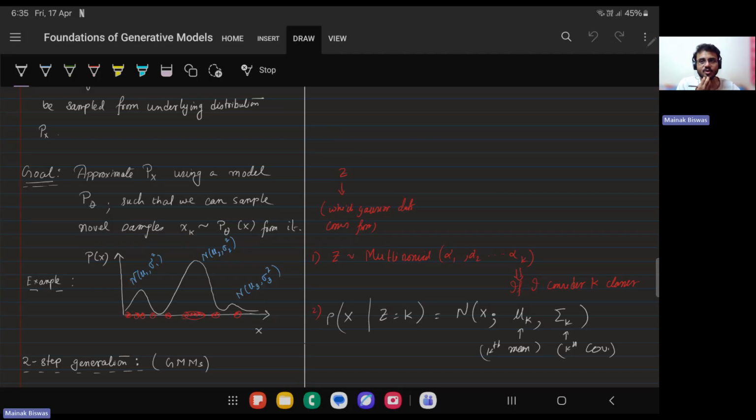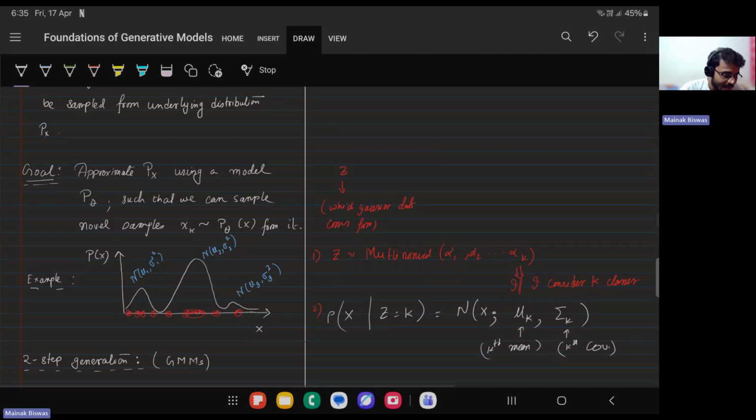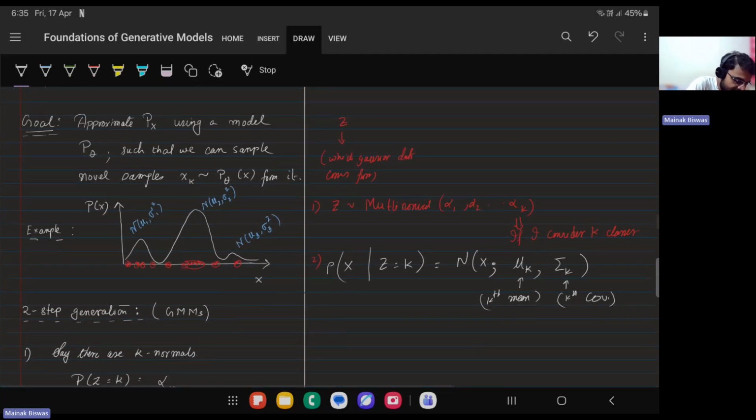It will have covariance sigma k and mu k as the mean. So you can clearly see that your data p theta of x can be sampled in two steps. First, you sample from this distribution, which is the probability of z equal to k, that you have sampled the kth latent. The realization of a latent is just alpha k.